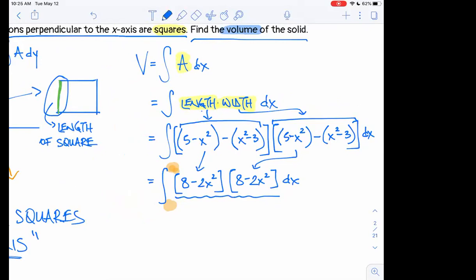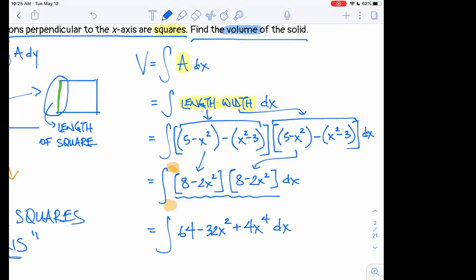So let's go ahead and FOIL first. All right, I think that's something that we can all handle. So 8 times 8 is going to give me 64, minus 16x squared, minus another 16x squared is minus 32x squared, and then 2x squared times 2x squared is plus 4x to the 4.